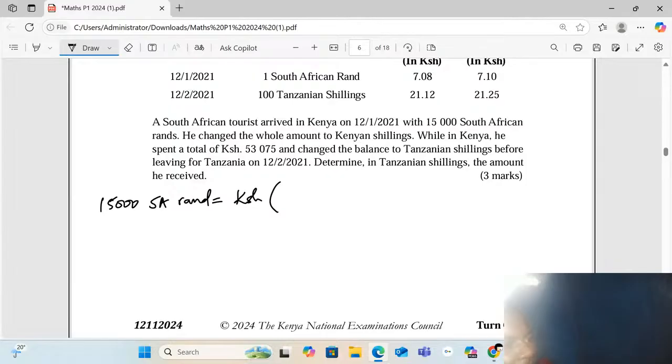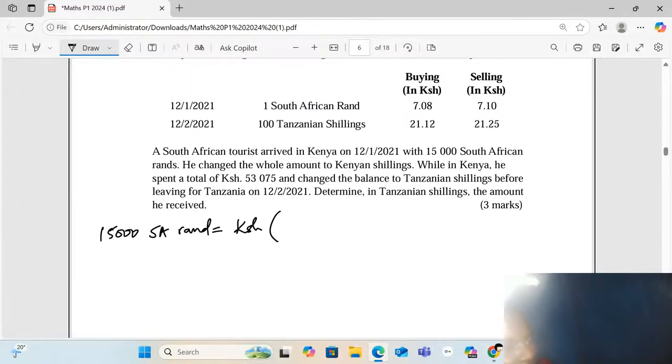Now the bank is going to buy. The South African tourist is now selling, so we shall use this 7.08 buying rate. So we shall have 7.08 times the amount, which is 15,000. So into Kenyan shillings, the amount will be 15,000 times 7.08. We shall get 106,200.